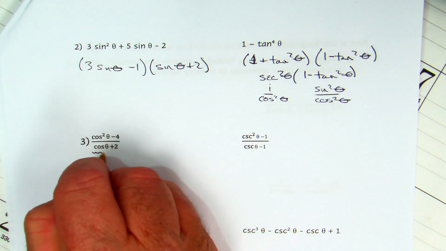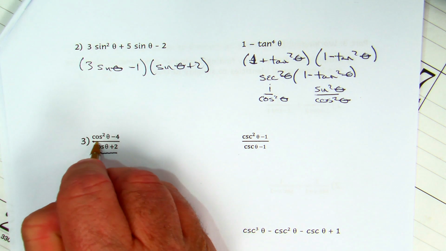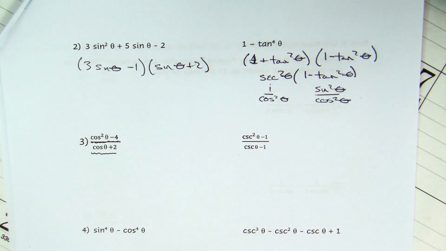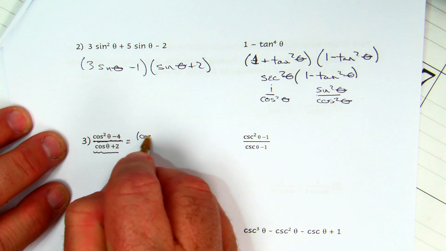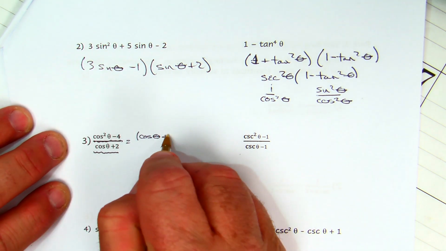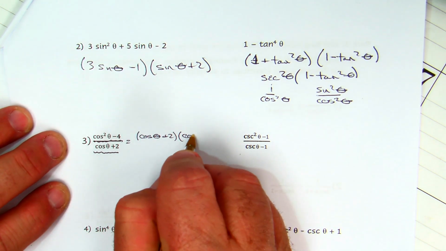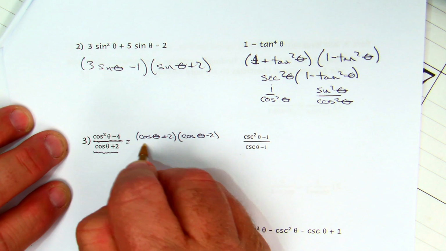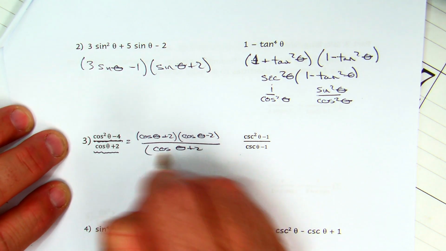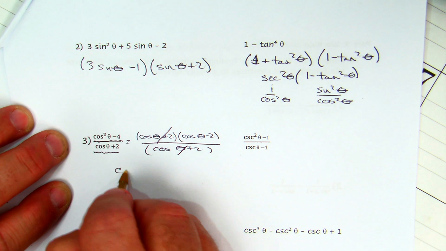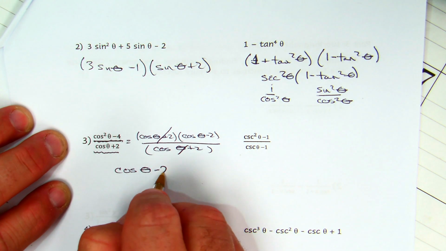When your denominator looks like part of the factored form of the numerator, then I would definitely suggest factoring rather than doing the conjugate, because then the cosine theta plus 2's cancel out, leaving you with cosine theta minus 2.